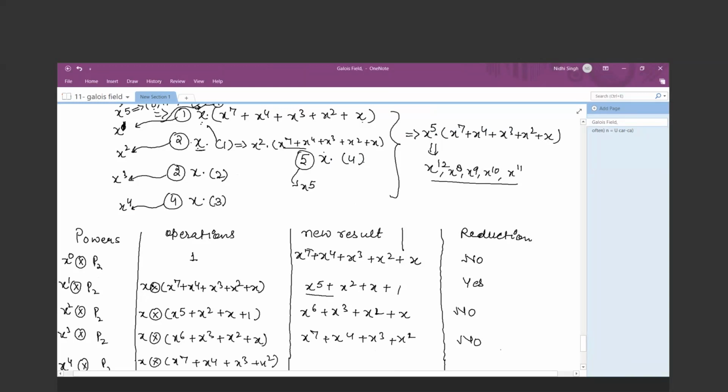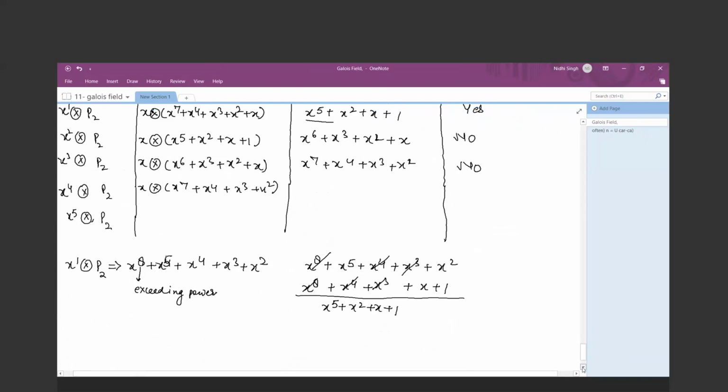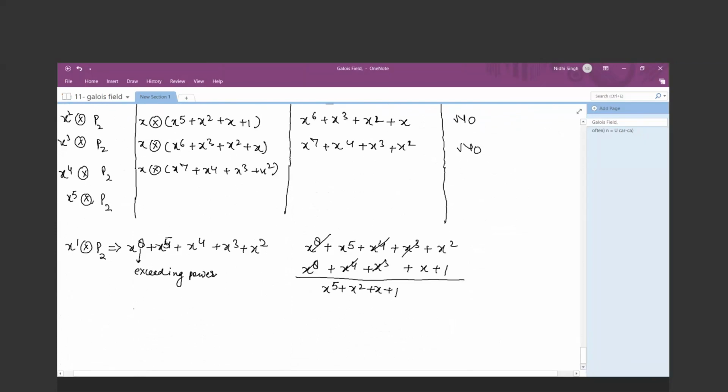It can be seen that after multiplying these two polynomials, you will get the higher power result, that is x to the power 8, x to the power 5, x to the power 4 and x cube.